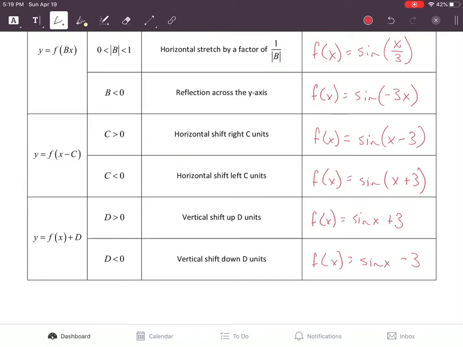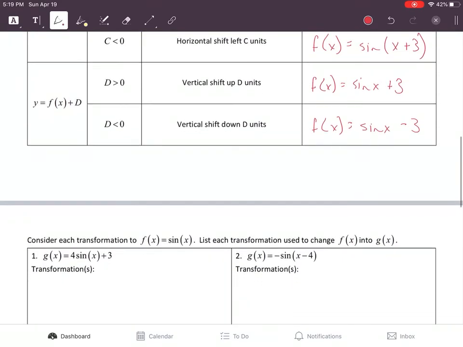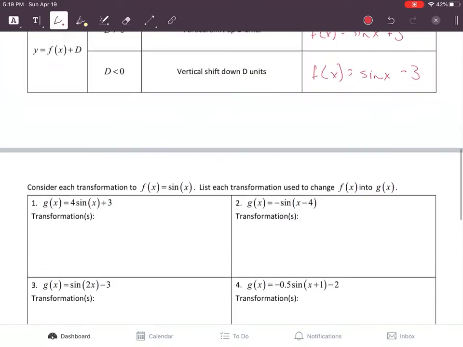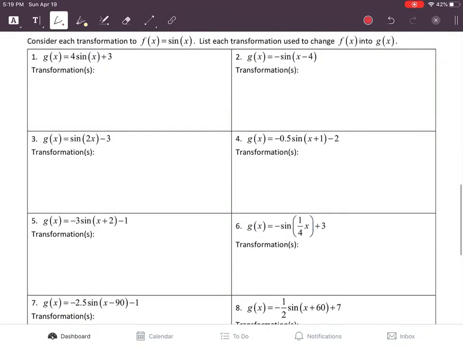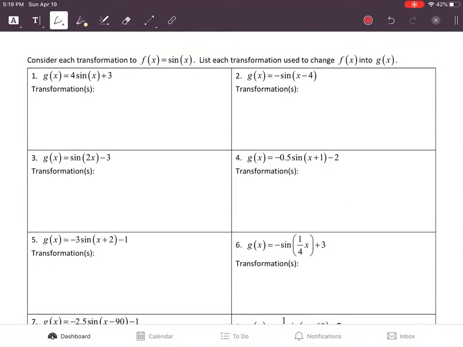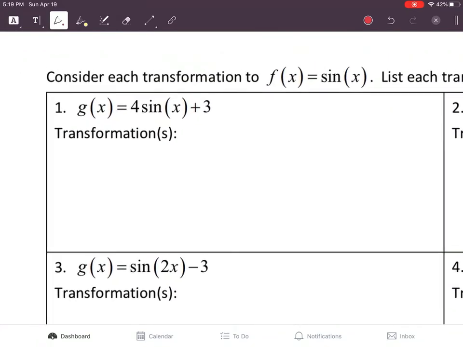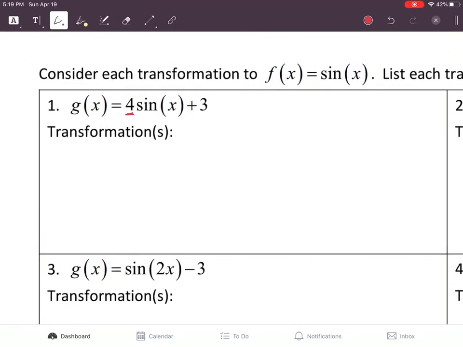Okay, so let's look at some examples in equations and then talk about their transformations. All right, so here we go. We have two separate transformations in the first one. Okay, we have the 4. So this is a vertical stretch by 4.